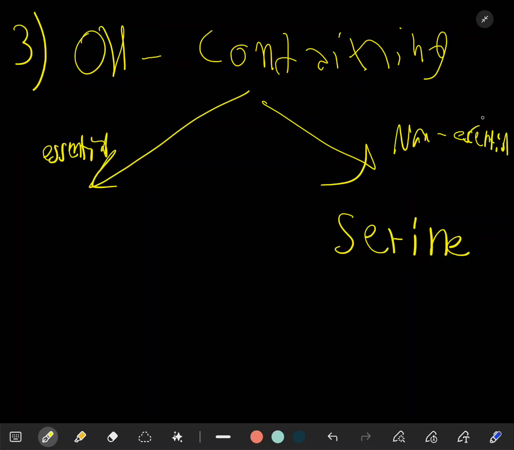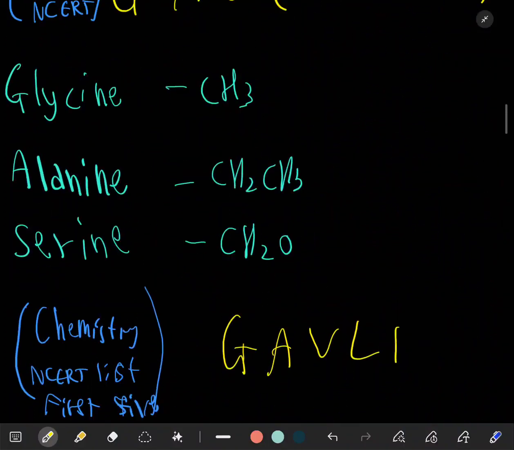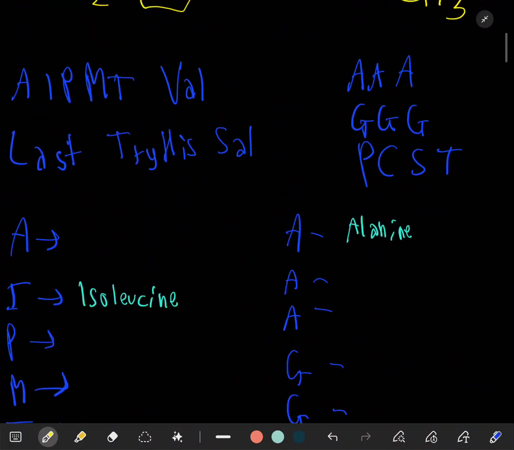Now what's the name for the essential amino acid? If you can't recall this, I would recommend you go to the upper list and check from that. We had this list of essential amino acids.